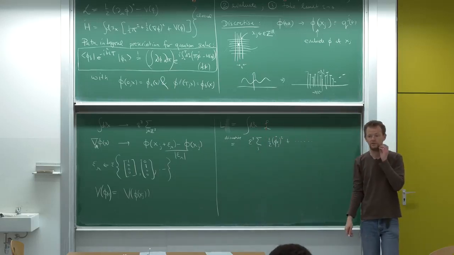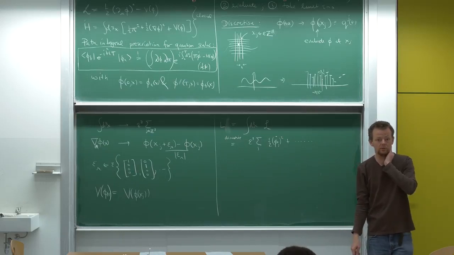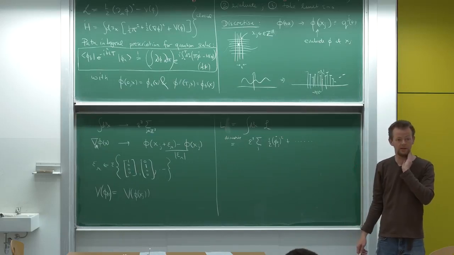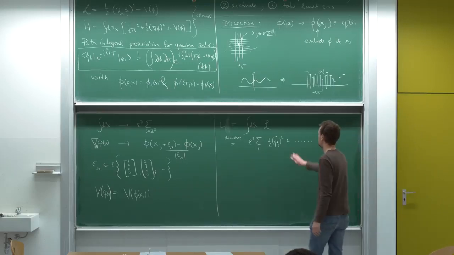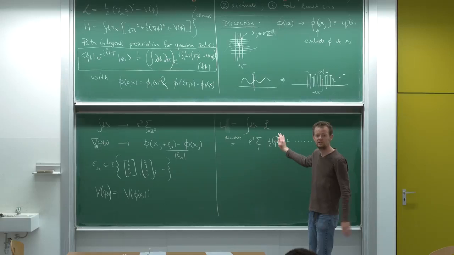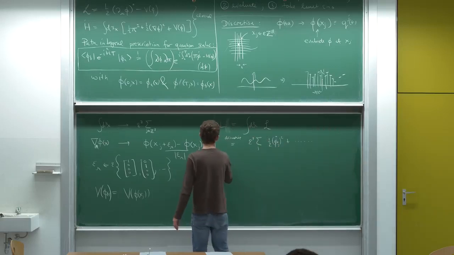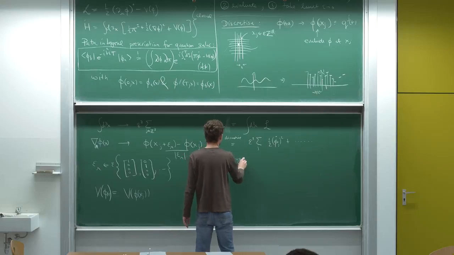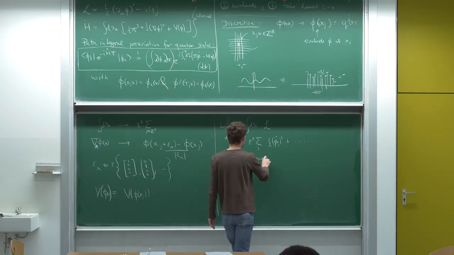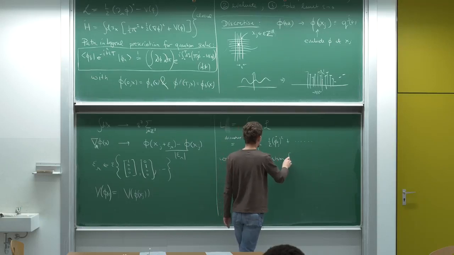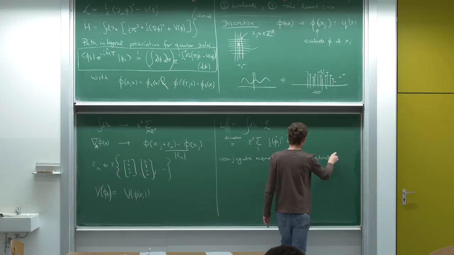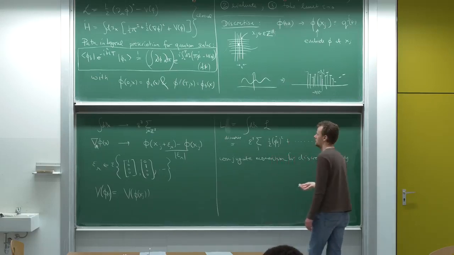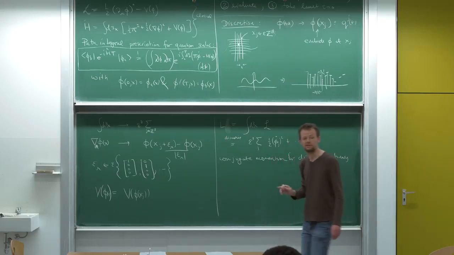The crucial term here, the one that plays an important role in discretizing the Hamiltonian, is the time derivative of the field. Everything else doesn't matter for this discussion, but this thing here does matter. And when you calculate the conjugate momentum for the discretized theory, then you end up with a slightly unexpected answer.